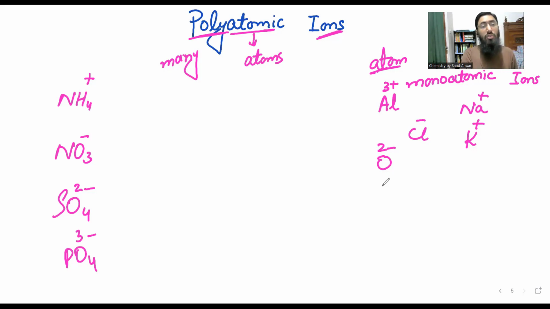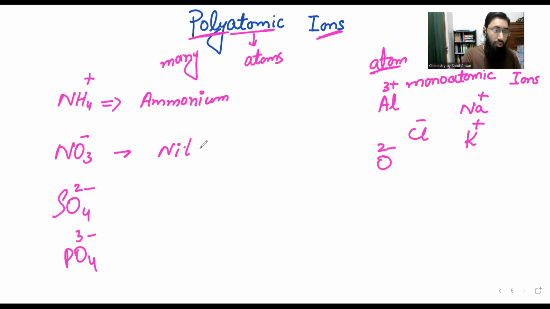Like NH4 positive, its name is ammonium. NO3 negative, its name is nitrate. SO4 minus 2, its name is sulfate.